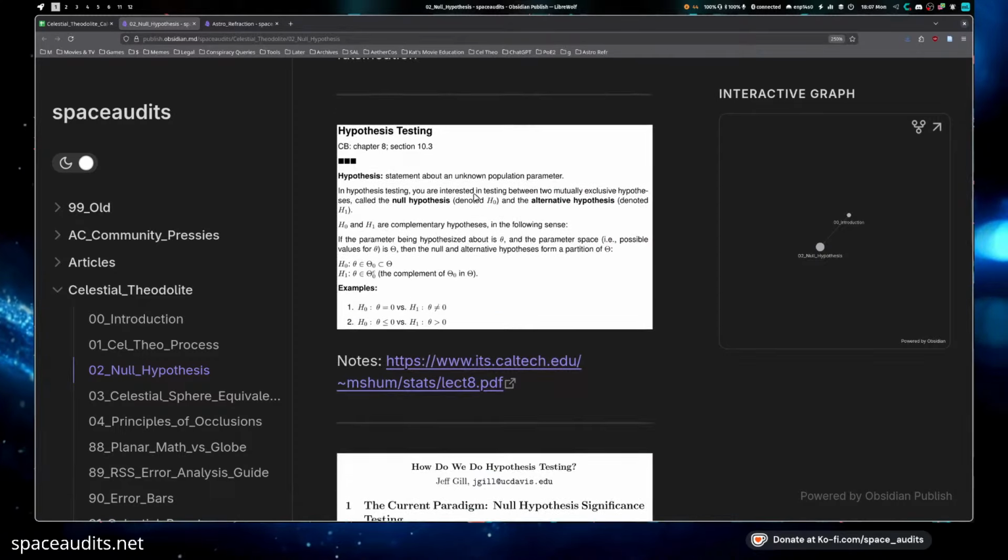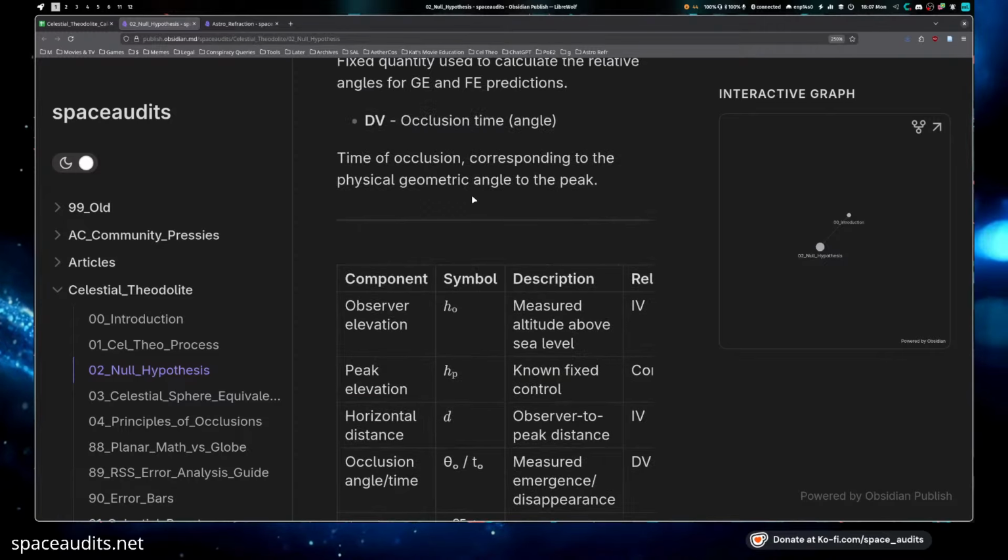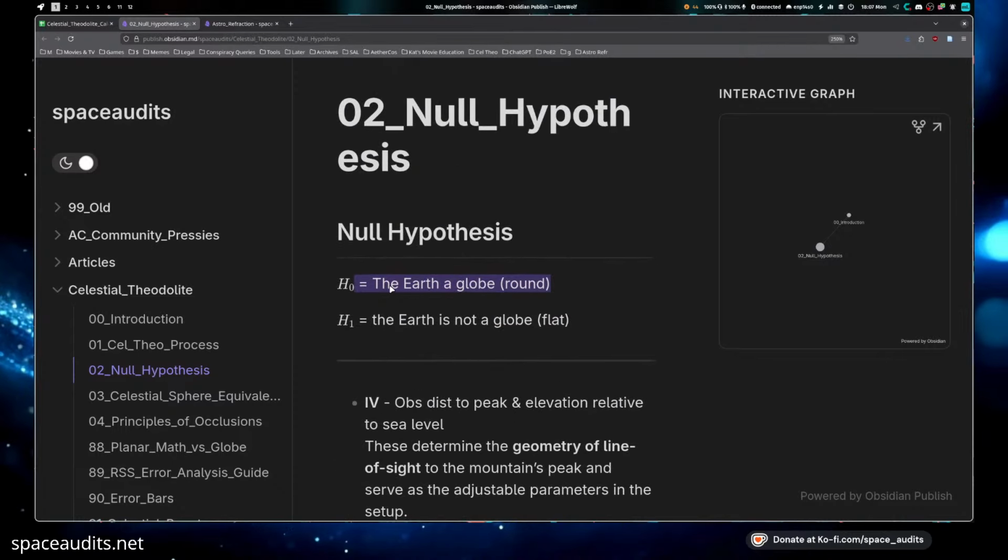And as we go down here, this is just some more on null hypothesis testing. There are two versions of hypothesis testing: the naive falsification and the sophisticated falsification. Naive falsification would be falsifying a hypothesis with no statistical analysis.